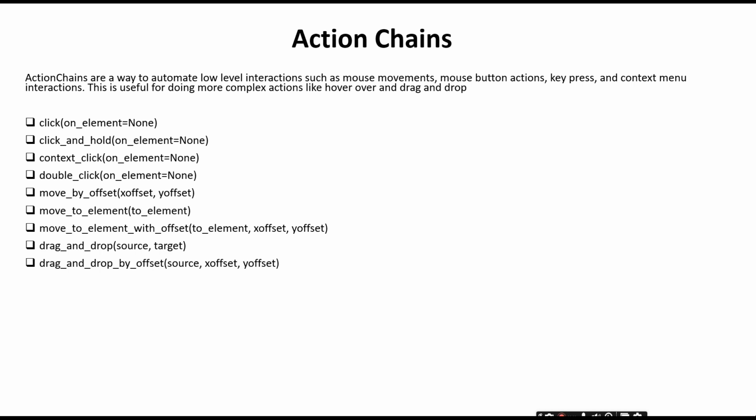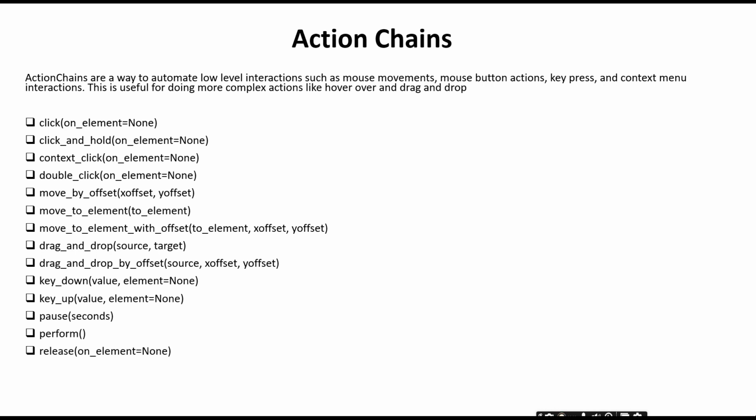Drag and drop by offset: here we have one source and the target is our positions, X position and Y position. Key down if you want to press any key. Key up, pause, perform, release, reset actions, send keys to the element. So these are some methods available in the action chains class. We can use these methods to perform different kinds of interactions on applications using the mouse.